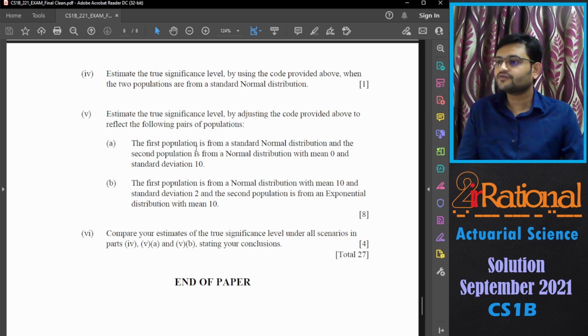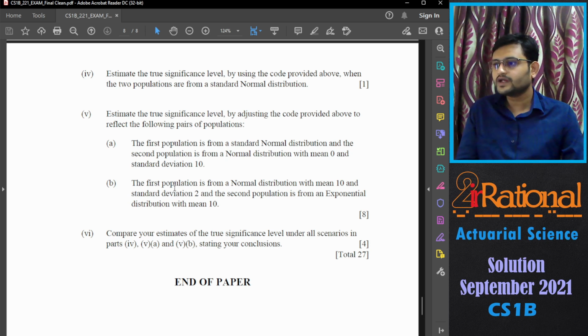First change would be the first population is from a standard normal distribution and the second population is from a normal distribution with mean 0 and the standard deviation 10. So we are just changing the standard normality of one of the distributions.